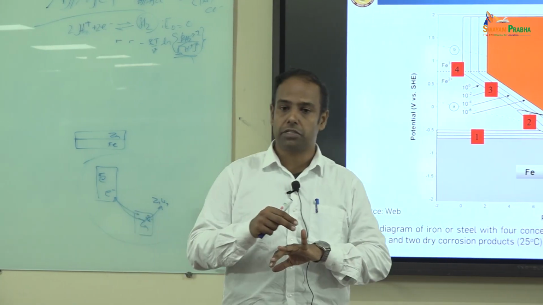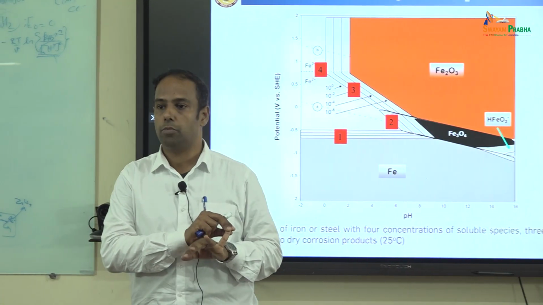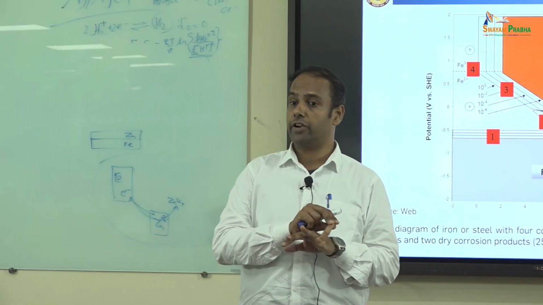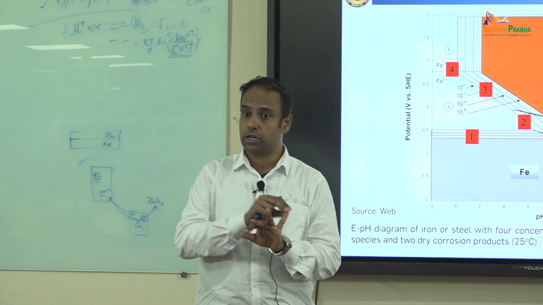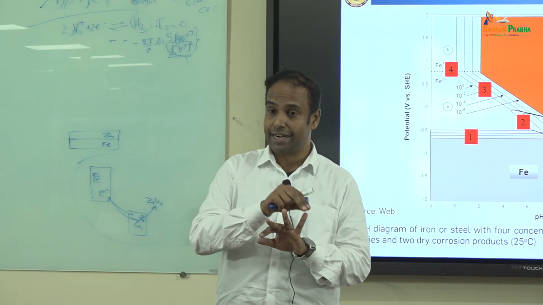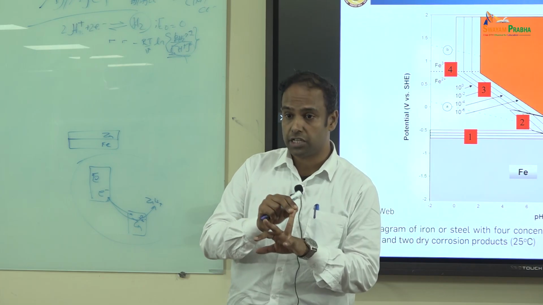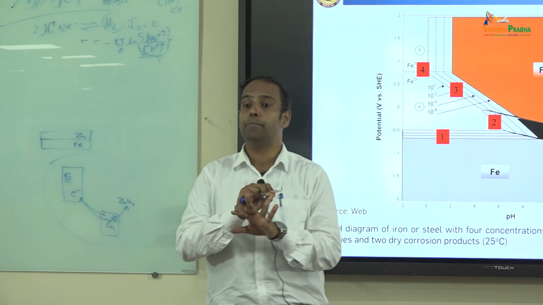So what did I say? To summarize, when I talk about thermodynamics in aqueous systems, we talk about potential. I said that the potential developed is because of an electrified interface. I said the difference between a single electrode and a mixed electrode, reversible condition and irreversible condition. Corrosion is an irreversible process, so my EMF series will not help me very much.